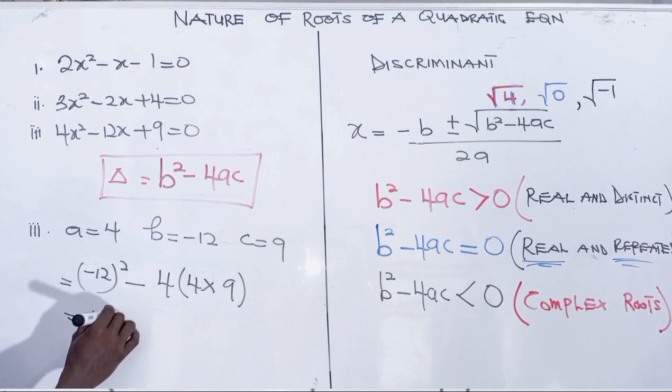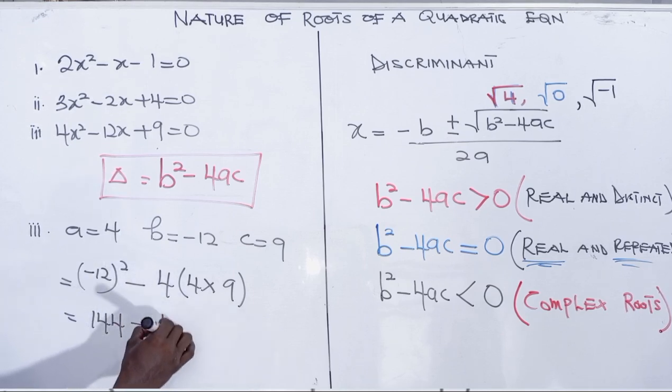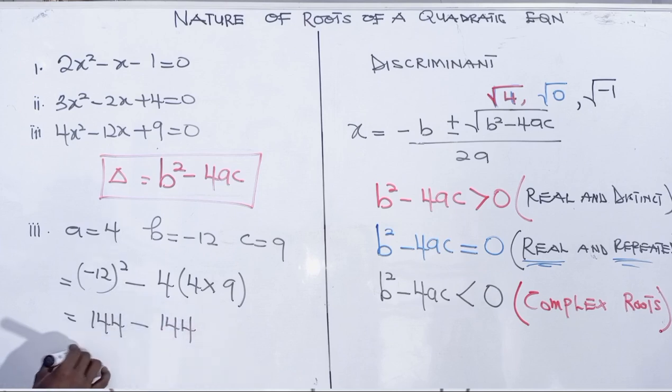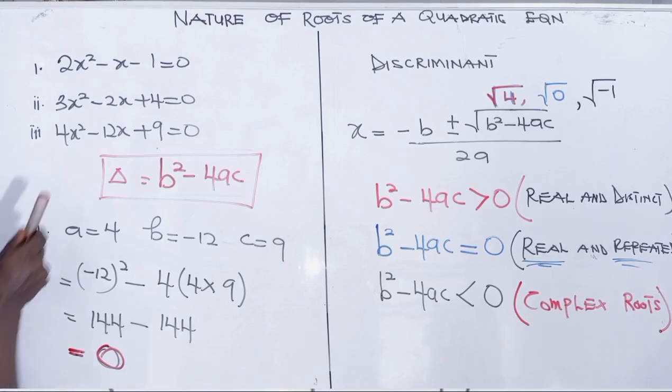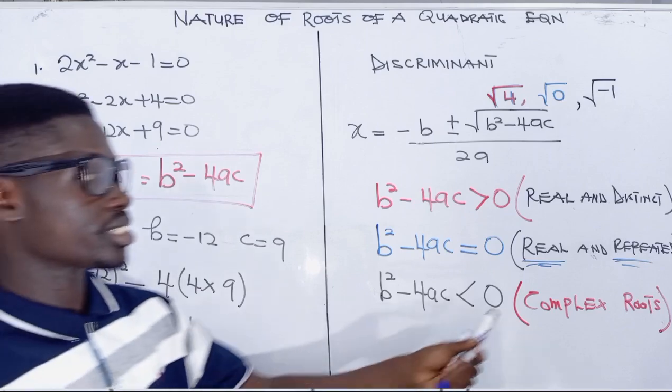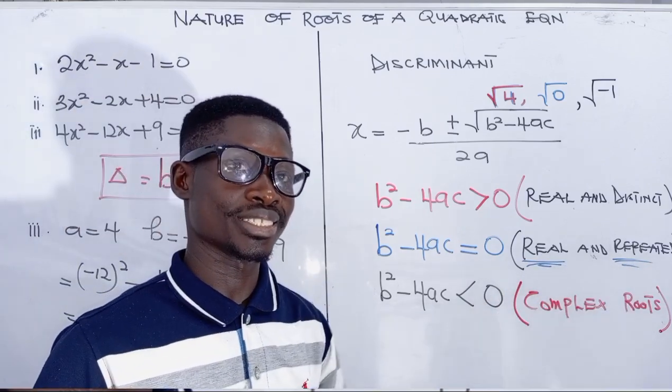This will give us 144. This will also give us 144. And we are getting what? 0. And we are saying that if the discriminant is equal to 0, then the nature of the roots of this quadratic equation is going to be what? Real and repeated roots.